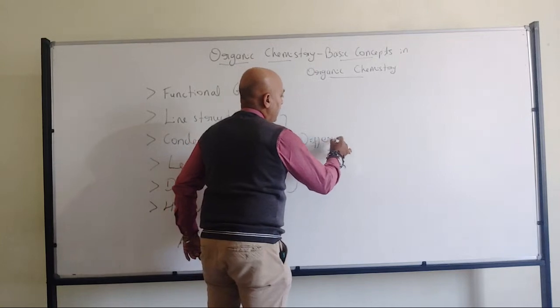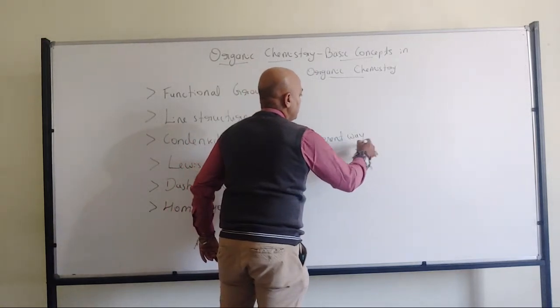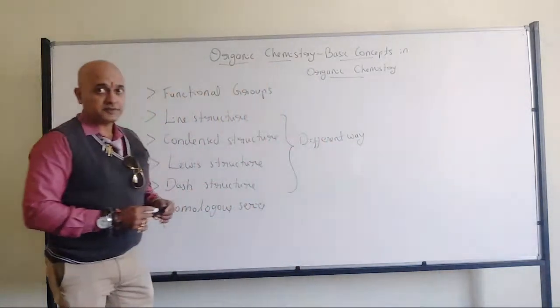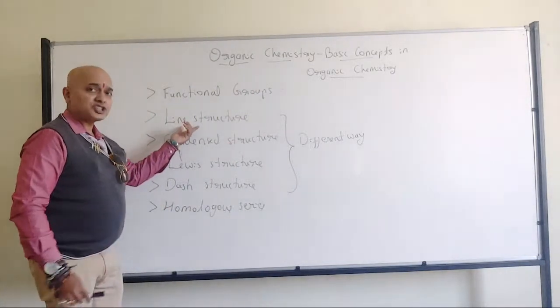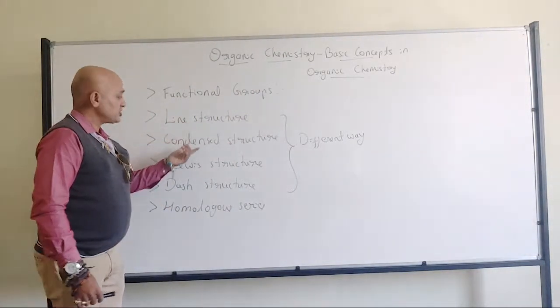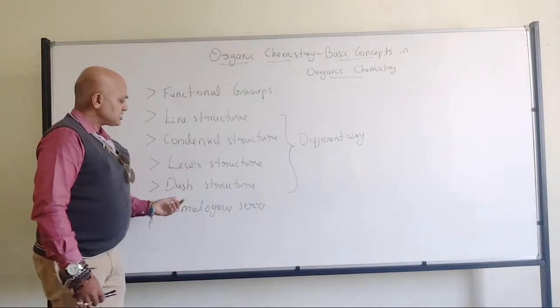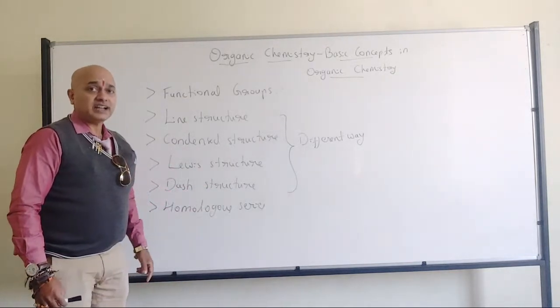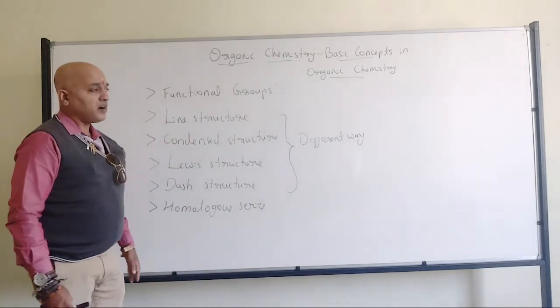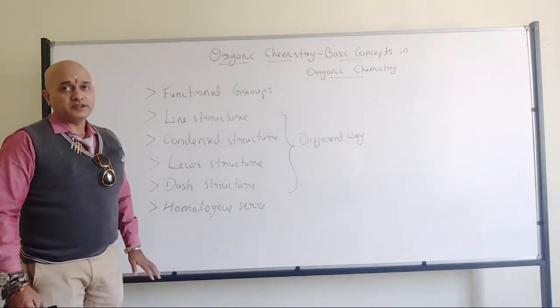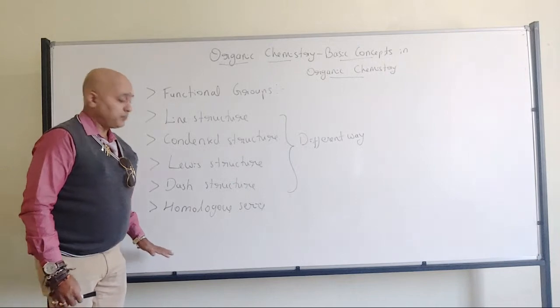That's where we have the line structure, which is also called the skeletal structure, then the condensed structure, Lewis structure, dash structure. All these are examples of different ways to write a given organic compound.